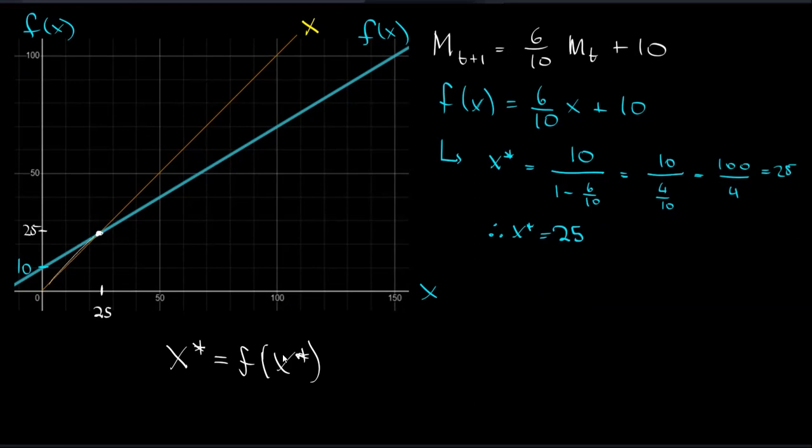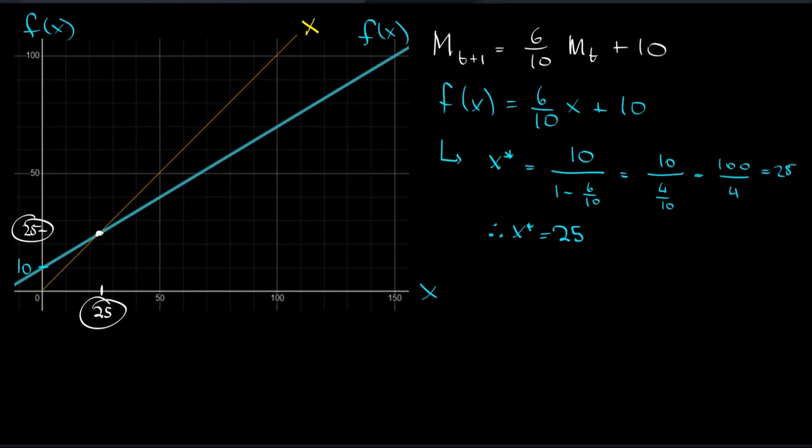Because this is the line y equals x, whether you go this way or that way, you will get 25 as your equilibrium. So the equilibrium in your cobwebbing can be found by looking at the intersection between your y equals x line and your updating function.